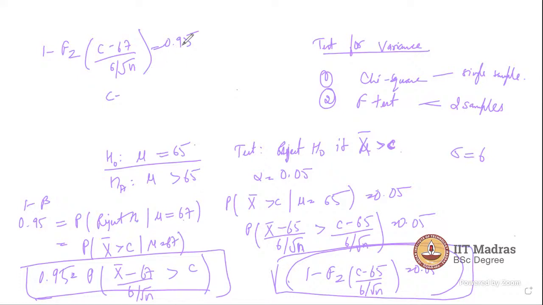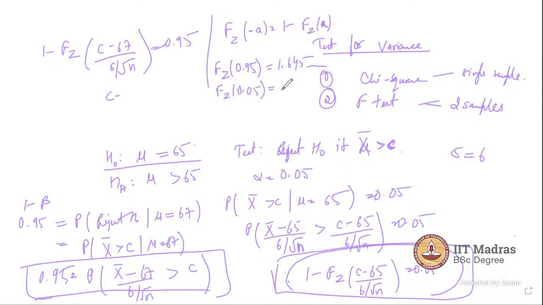In the option it is given just 0.05. We know that Fz of minus a is 1 minus Fz of a. Fz inverse of 0.95 comes out to be 1.645, and Fz inverse of 0.05 comes out to be minus 1.645.